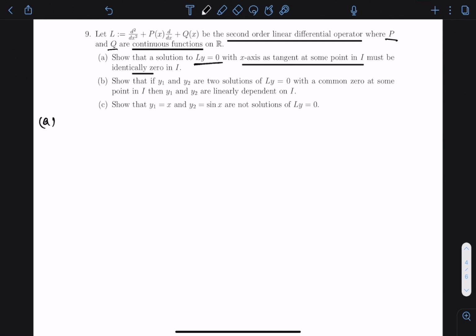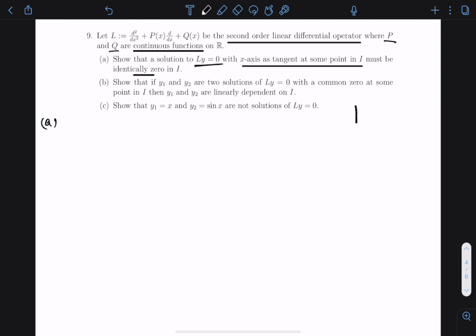So here in A, what is being asked is that if you have the curve y, and let's say it's given in an interval I, and then we are given some point, say x naught, and at this point the x-axis is tangent to that solution.